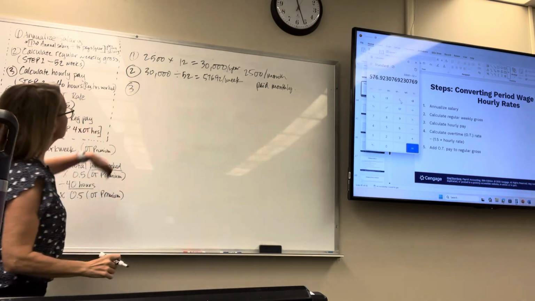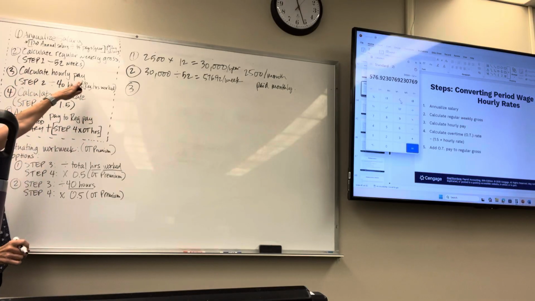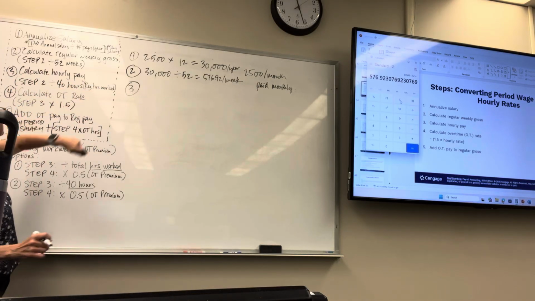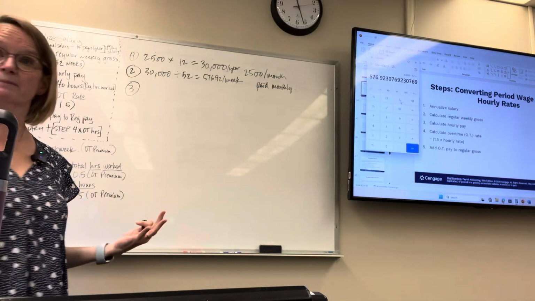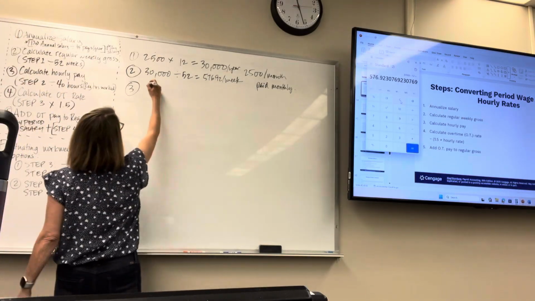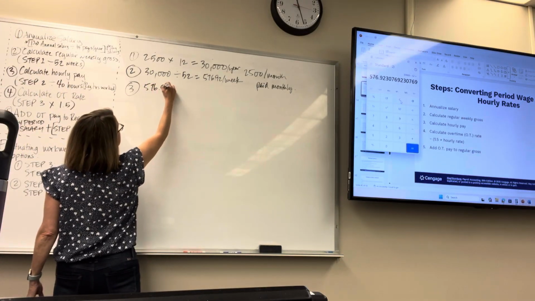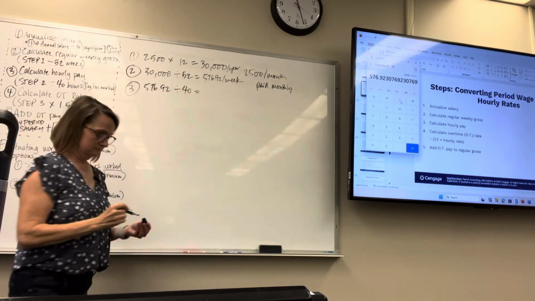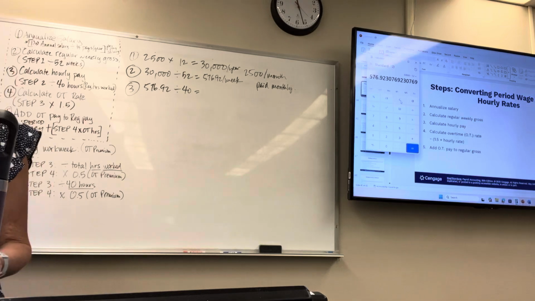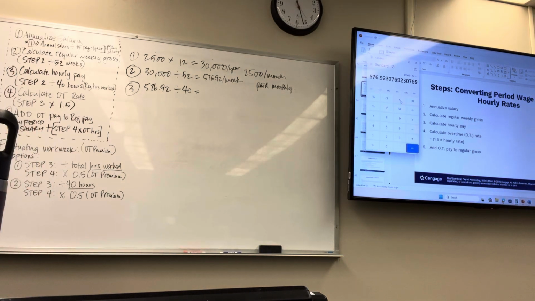Step three. We're going to take the result from step 2, 576.92, and divide it by 40 hours to figure out what they make on an hourly basis. And be careful in your problems. Make sure you're rounding at the right point.